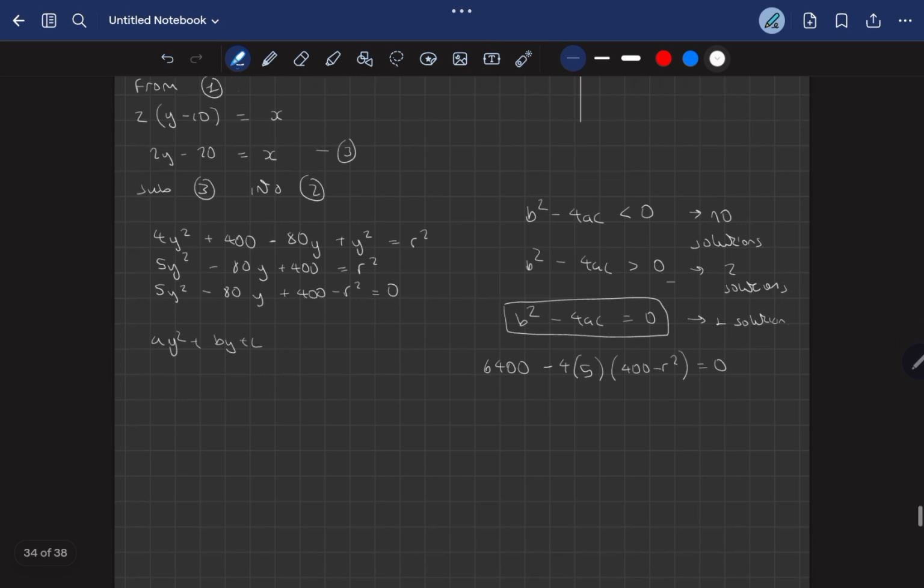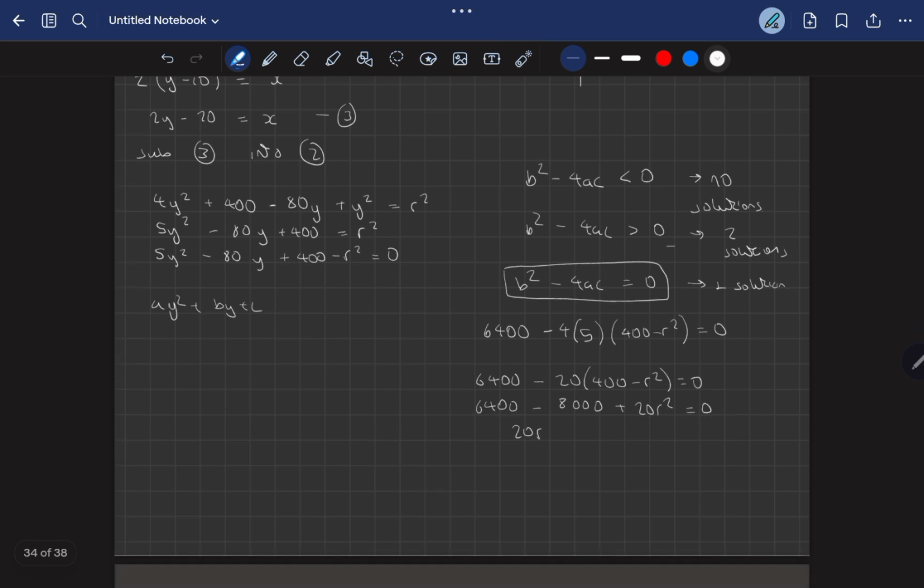So 6400 minus 20 times (400 minus r squared) is equal to 0. 20 times 400 is 8,000. Negative 20 times negative r squared becomes positive 20 r squared, which is equal to 0.